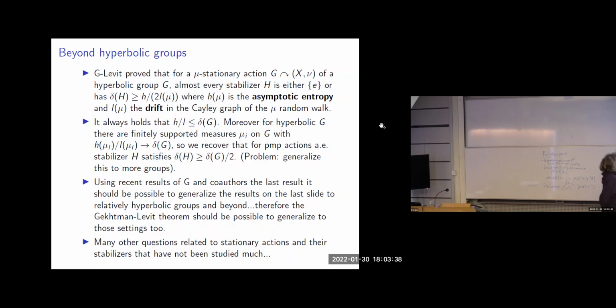In the last few years, myself and co-authors have developed probabilistic and dynamical techniques that should be sufficient to attack this by now. And stationary actions of groups and their stabilizers have become a giant field in the last few years. So there are lots of other questions there that haven't been studied much that I think should be.